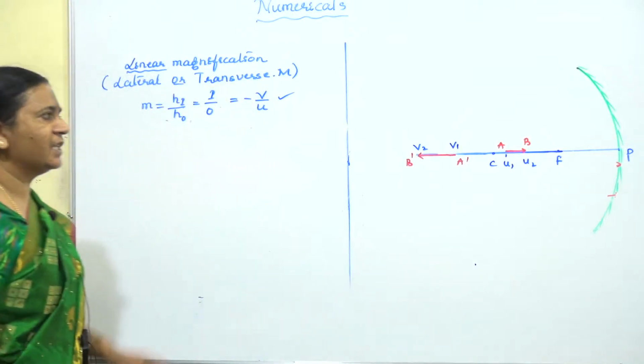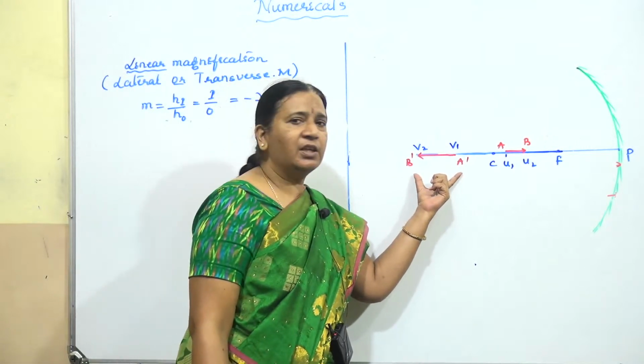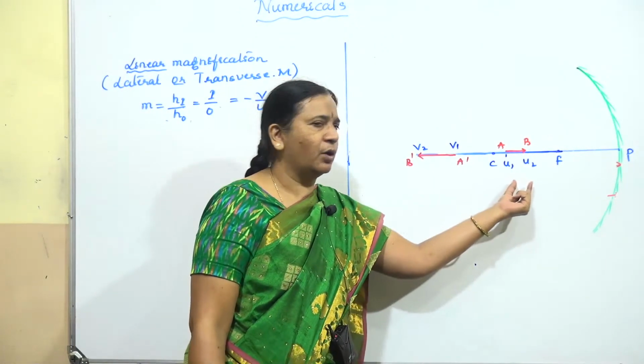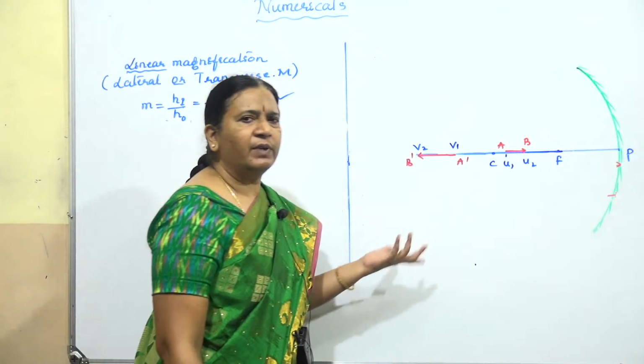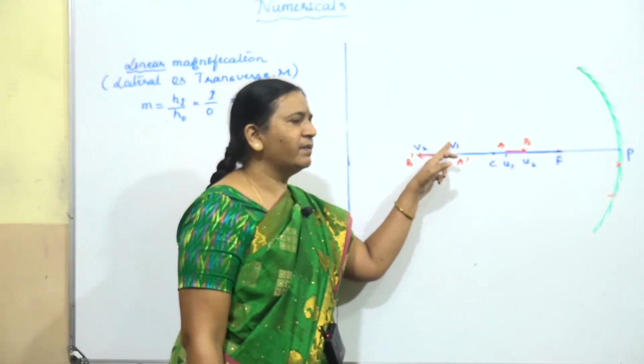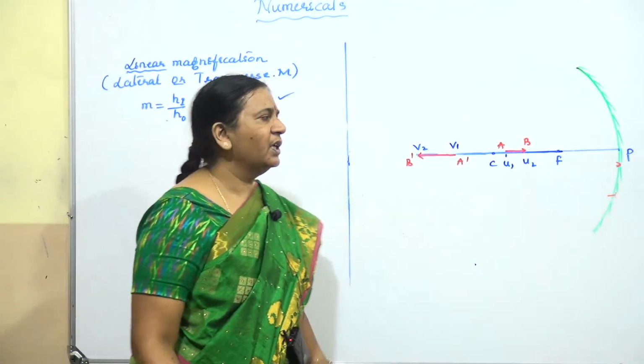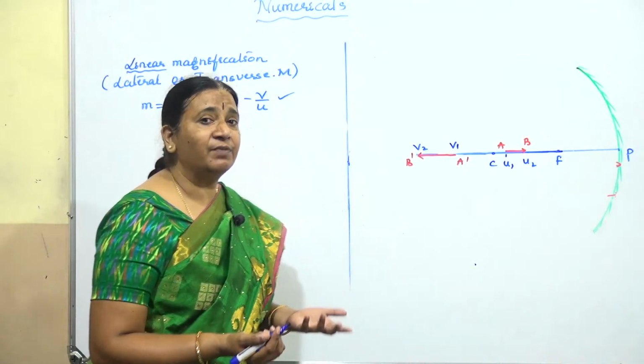If you want to find the image length compared to the object length, we can easily calculate it: subtracting V2 minus V1 gives me the image length. Object length is already given to you, so you can find the magnification.